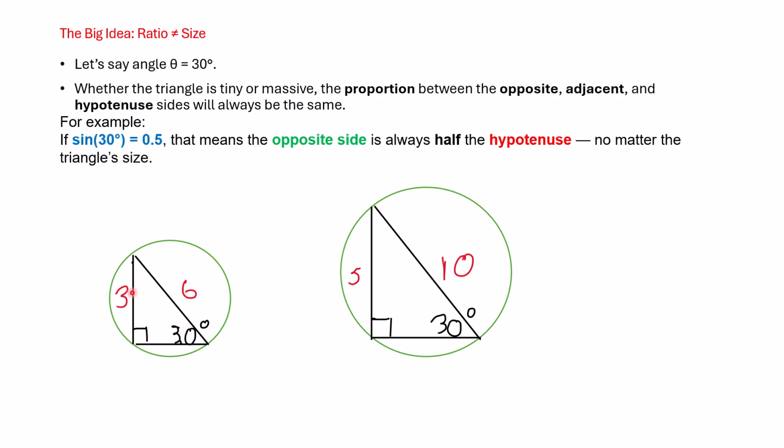It will always be double that: 3 over 6, opposite over hypotenuse, gives me 0,5. If this is 30, and the opposite side is 5, then this must be 10, because the sine of 30 is opposite over hypotenuse and must always give me a value of 1 over 2. Does that make sense? I hope you follow.